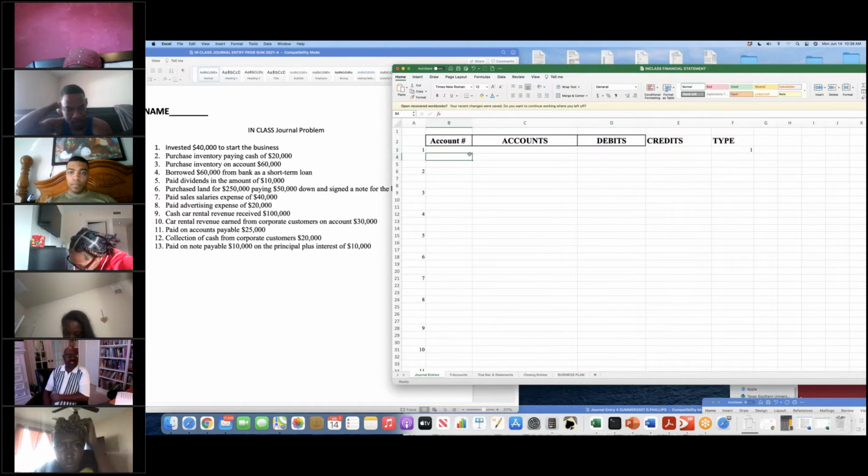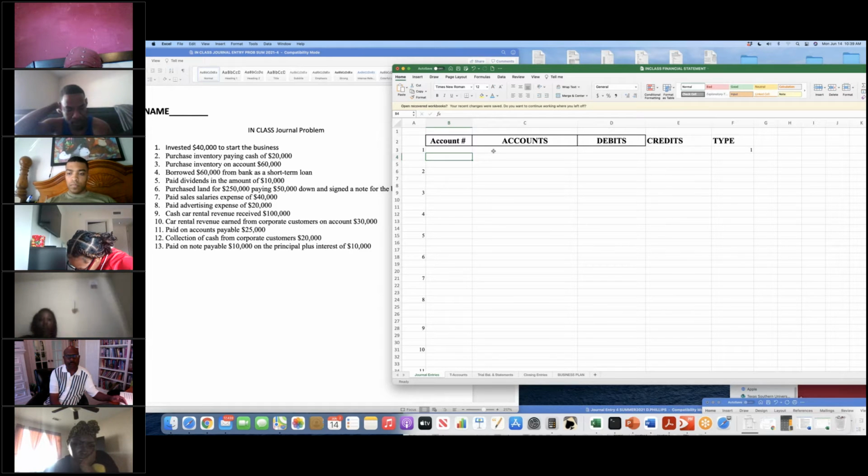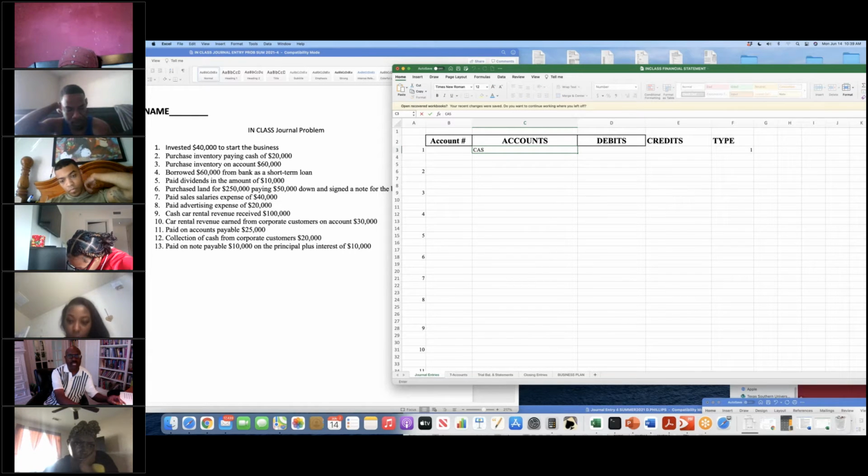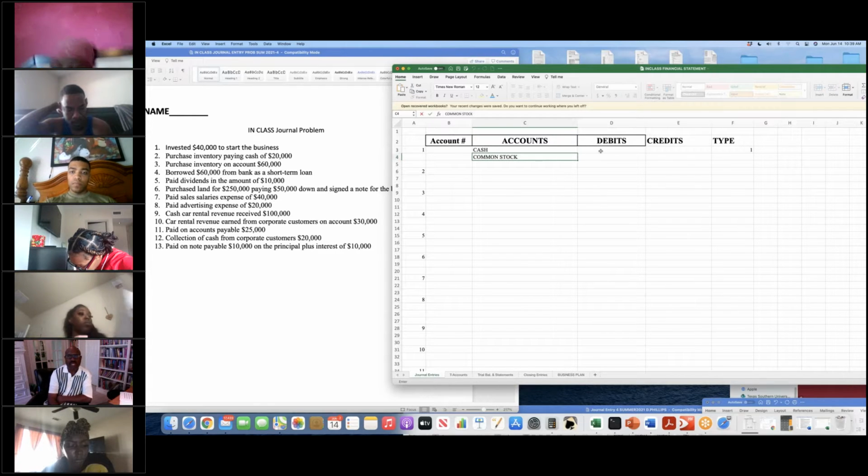Most people are good at this, so why don't we go ahead and do them? So journal entry 1 is what? Debit cash, credit what? Common stock. The debit's 40,000. The credit's 40,000.